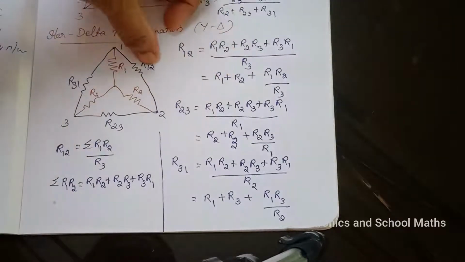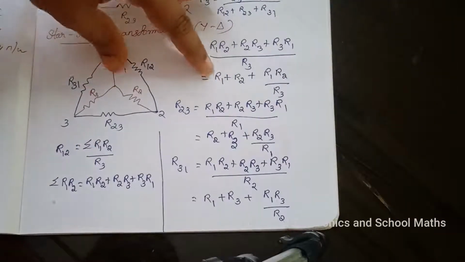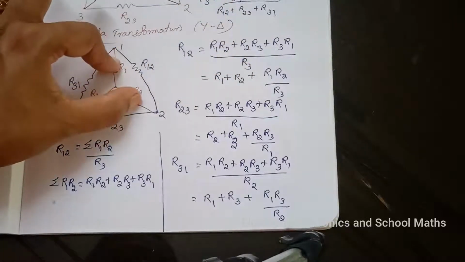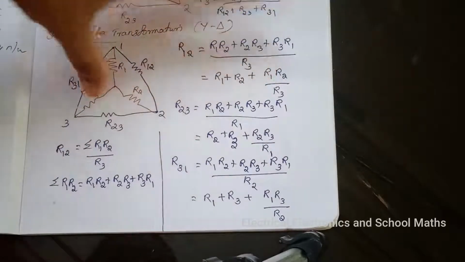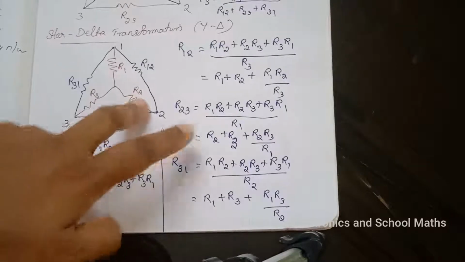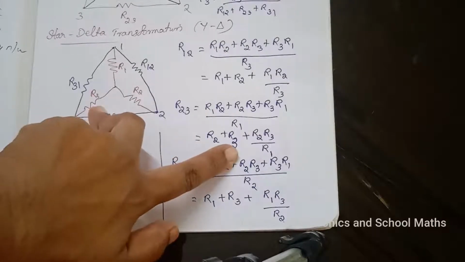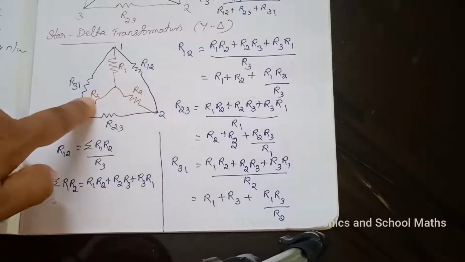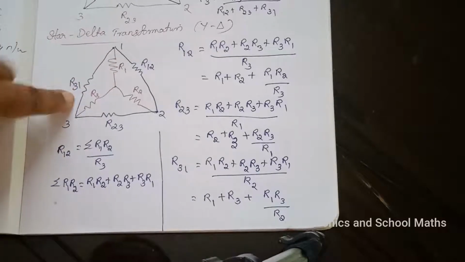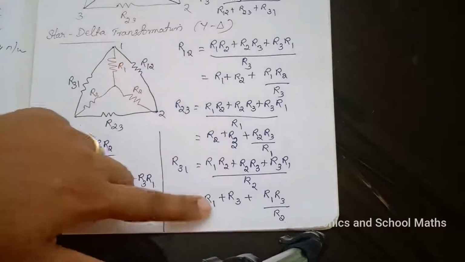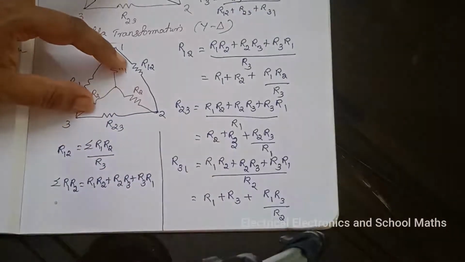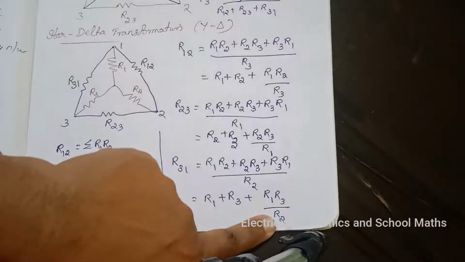Look here, R12 is R1 plus R2 plus R1 R2 divided by R3. Similarly, R23 is R2 plus R3 plus R2 into R3 divided by the other resistor. Similarly for R31. R31 is R1 plus R3 plus R1 into R3 divided by R2.